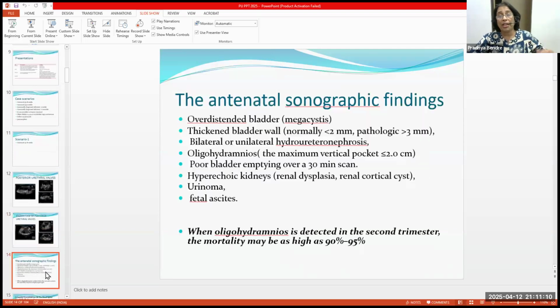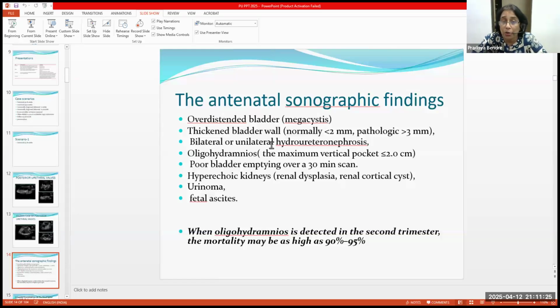So when they come to us, what do we advise them? What sonographic features they have described, we need to correlate whether those are significant or not, because it may not be the only diagnosis.